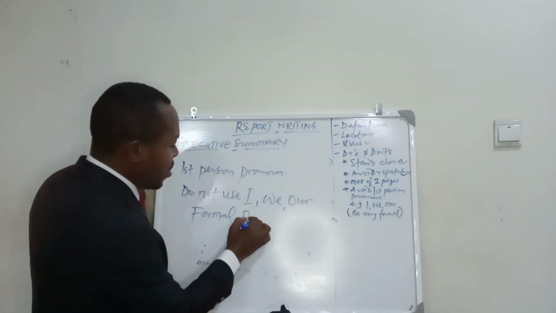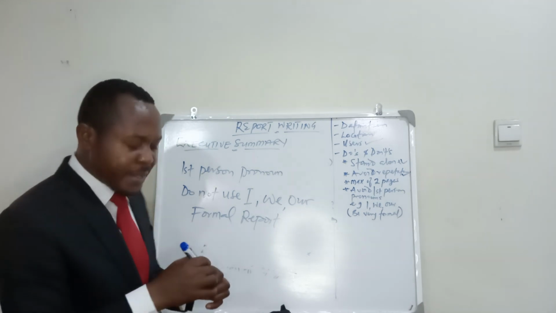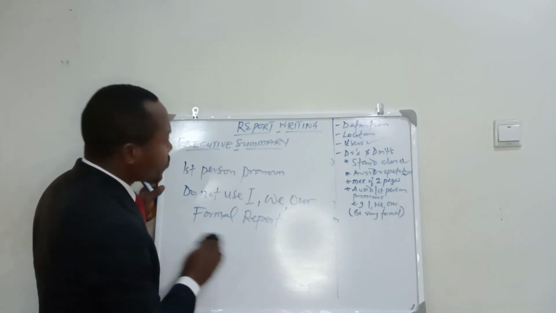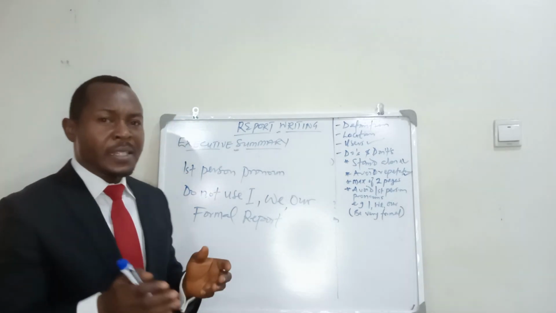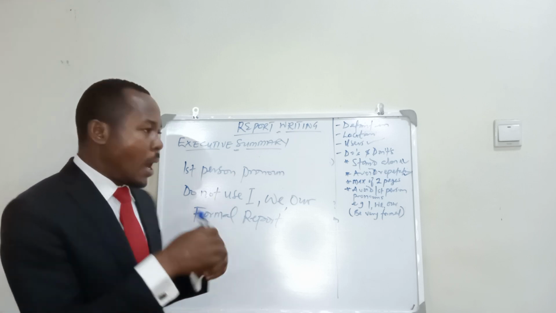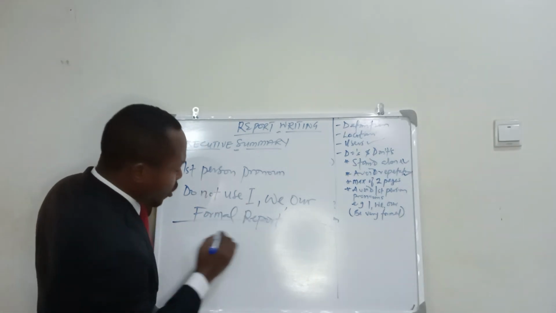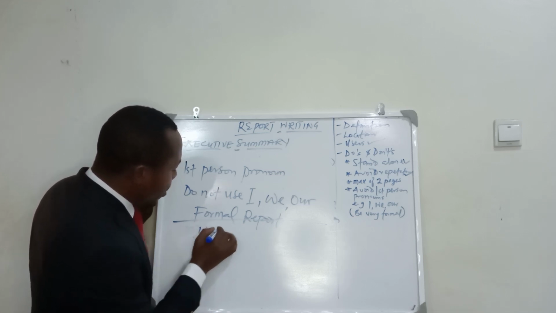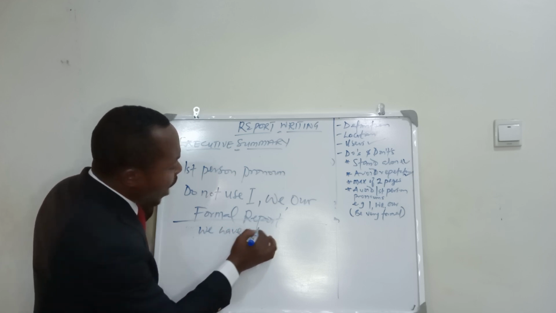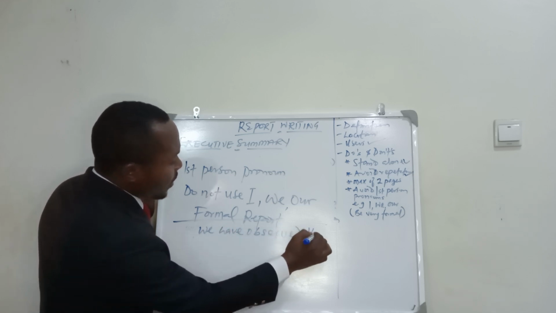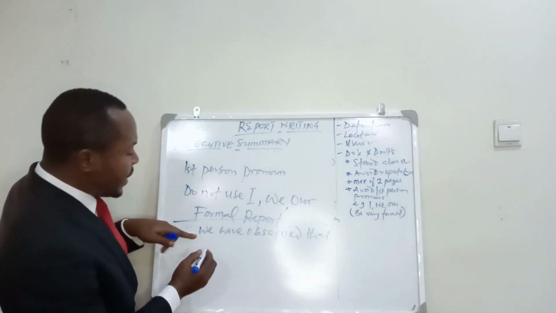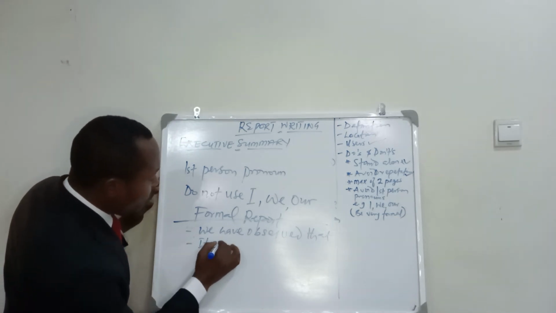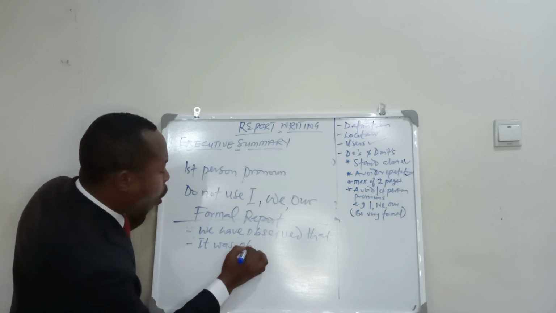Formal report. Let me show us a little example on how to write a formal report. For example, instead of writing "we have observed that", you can say "it was observed".